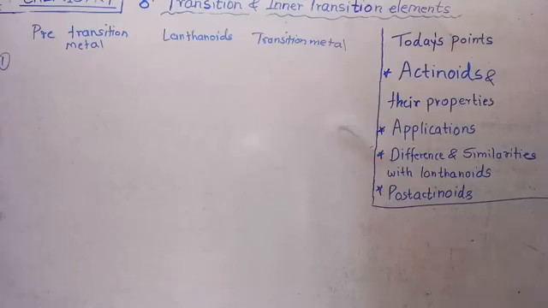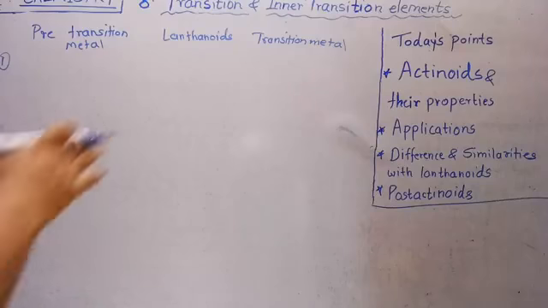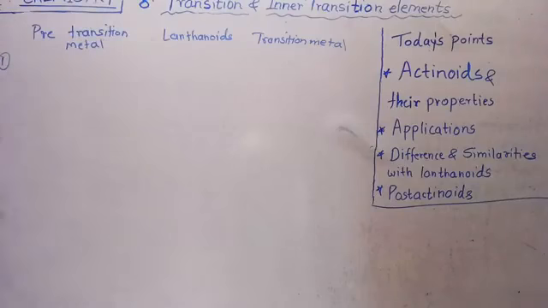Pre-transition metals means the elements present in group number 1 and group number 2. And transition metals means the d block elements. And these lanthanoids are placed in between the transition elements, so these are called the inner transition elements.